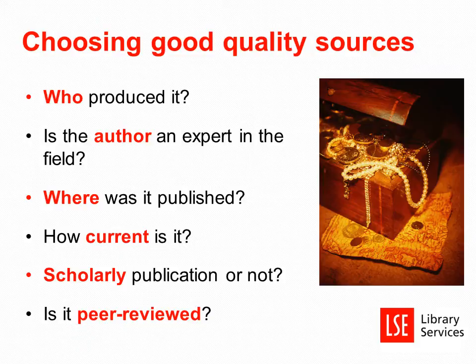Where has it been published, or how current is the publication? And is it from a scholarly or peer-reviewed publication? Library Search allows you to limit your journal article searches to peer-reviewed journals only, and this will mean that the articles will have been through a rigorous publication process where the article is reviewed by academic peers in the same field.